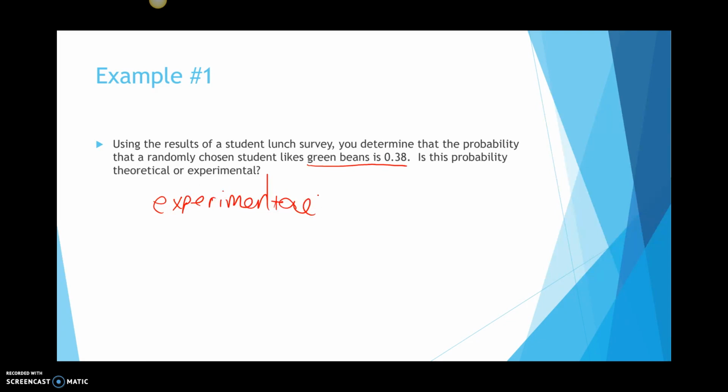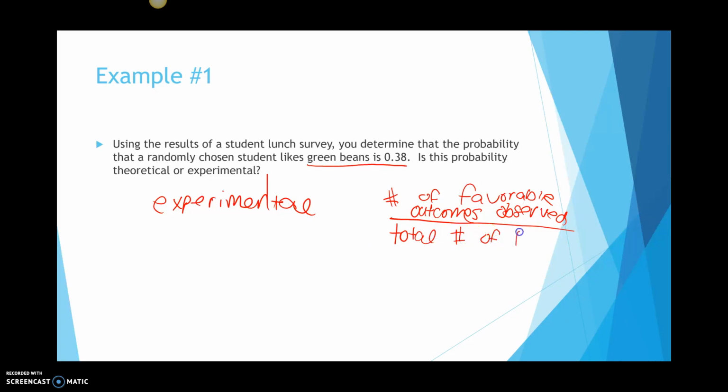Because you're taking the number of favorable outcomes observed over the total number of trials. So that's why it's experimental.